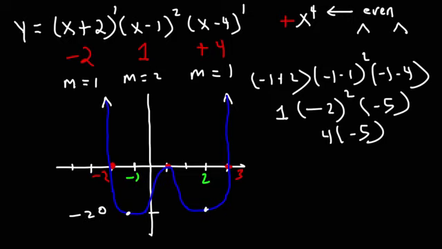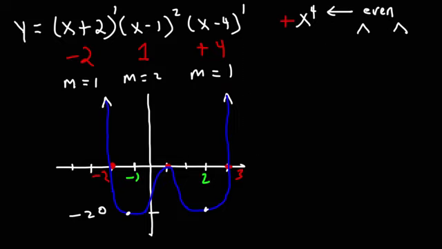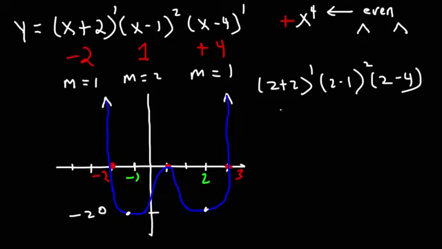Now let's see what it is for 2. So this is going to be 2 plus 2 to the first power, 2 minus 1 to the second power, and then 2 minus 4. 2 plus 2 is 4, 2 minus 1 is 1. I feel like I'm missing something here. 2 minus 4 is -2.